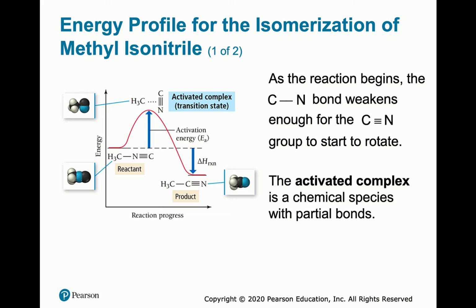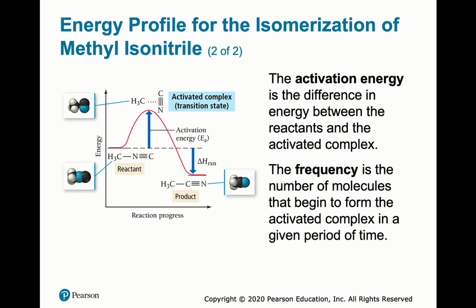You have the reactant going to the product, and then you have this transition state as the bonds are broken and it's moving around. That's what we mean by the activated complex or the transition state. And the activation energy is the difference.